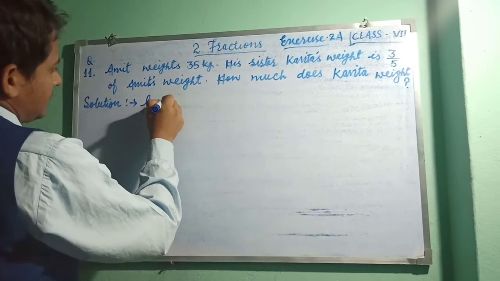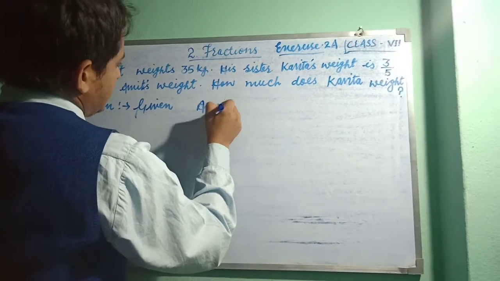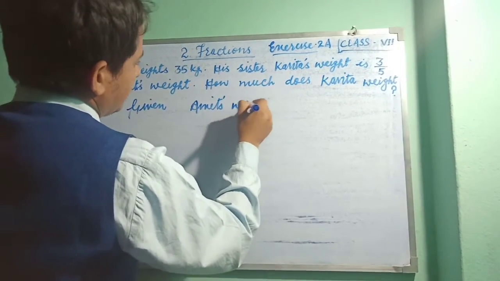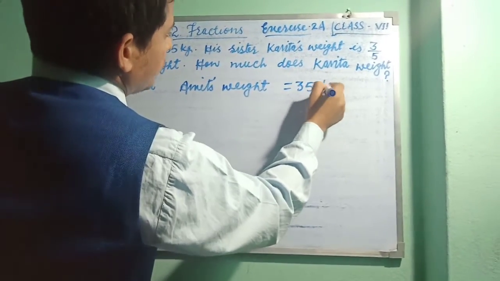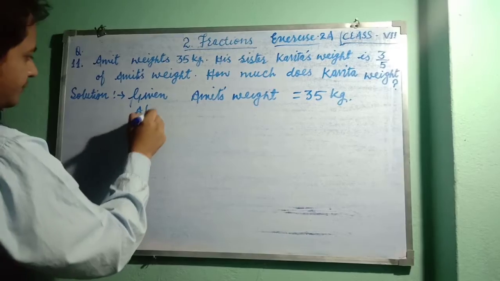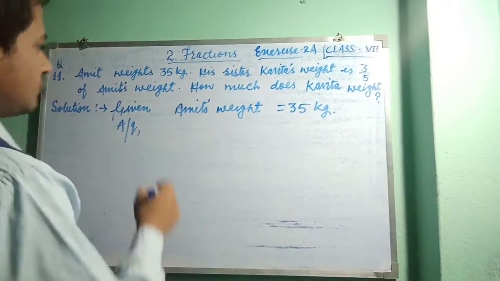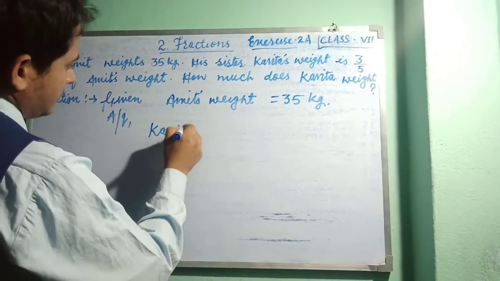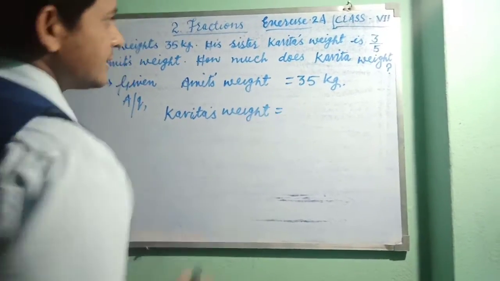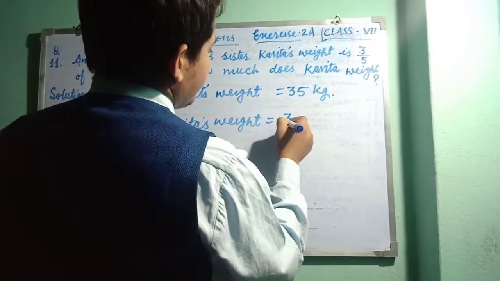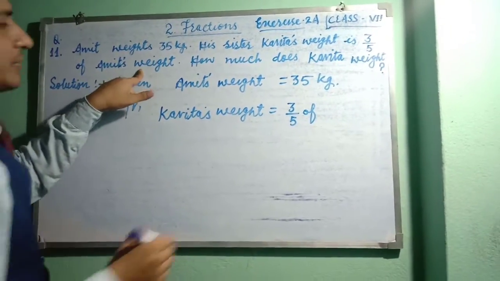Write the given. Amit's weight is equal to 35 kg. Okay, now according to the question, his sister Kavita's weight is equal to 3/5 of Amit's weight.